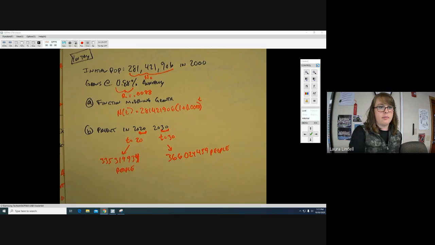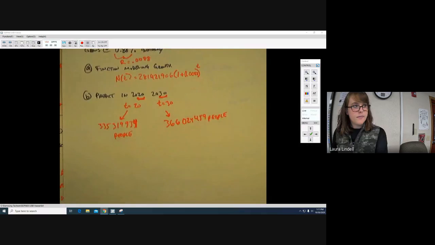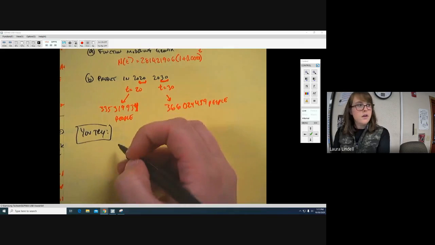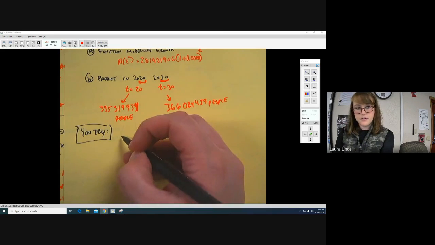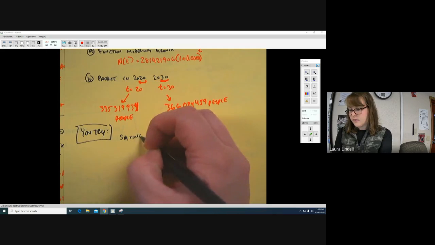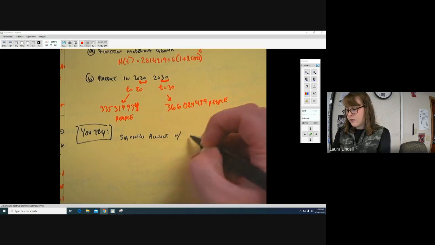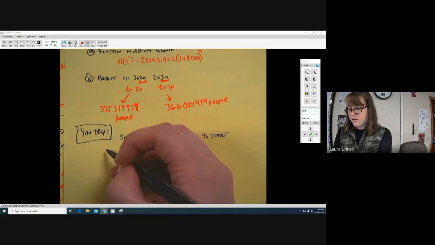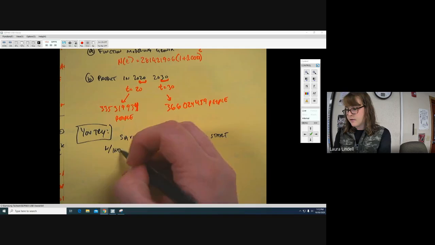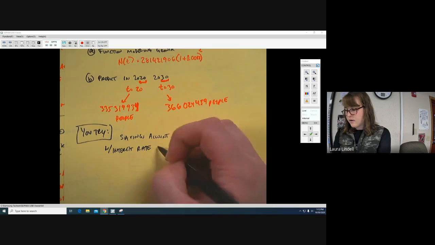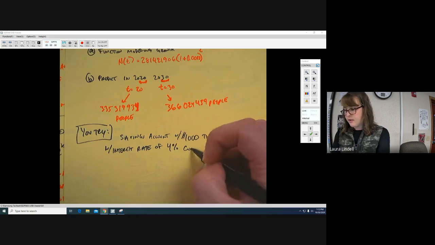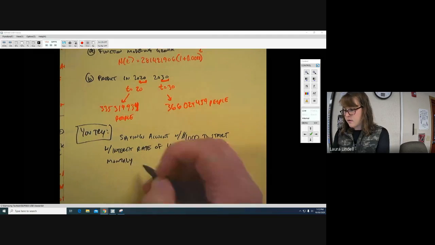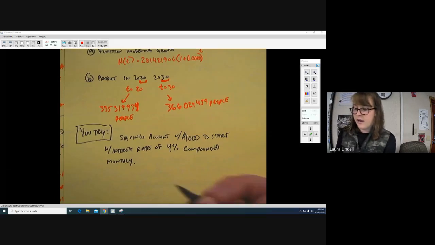So let's see, that problem is we are going to have a savings account with $1,000 to start, with an interest rate of 4%, compounded monthly. And we want to know how much money is in there after 5 years.